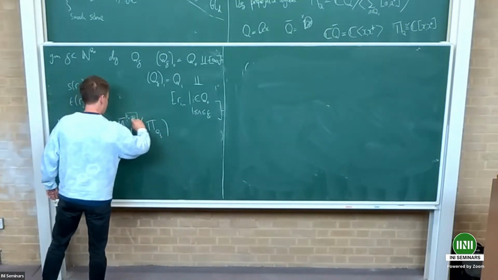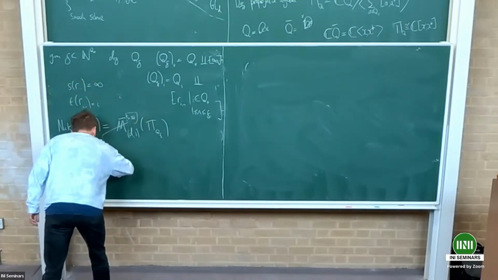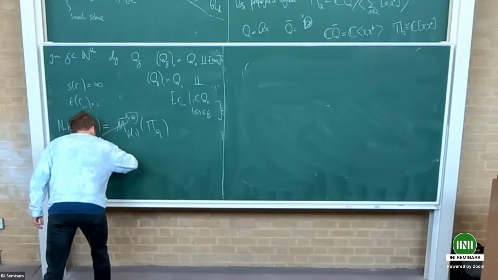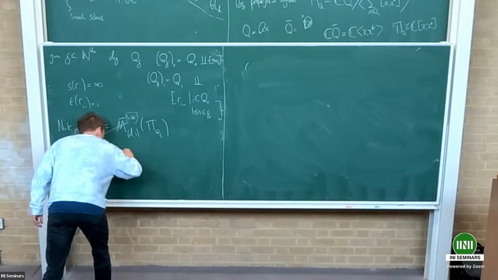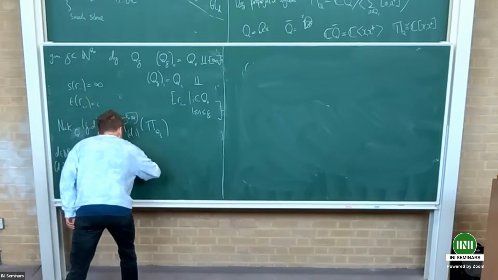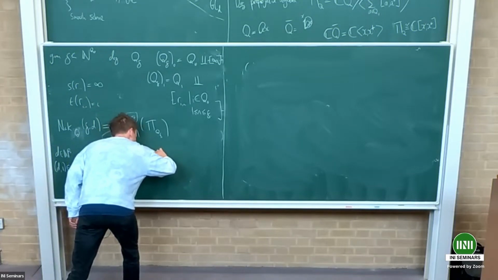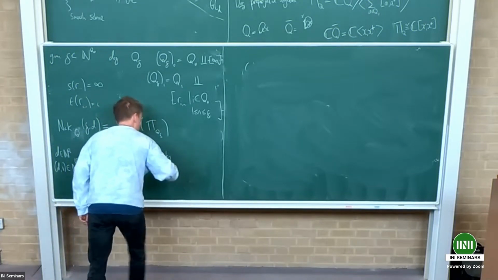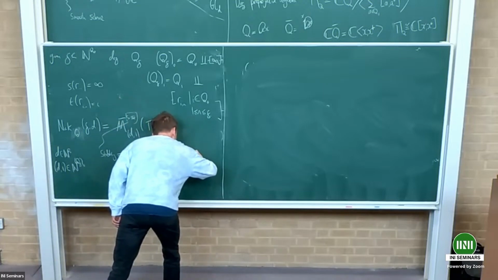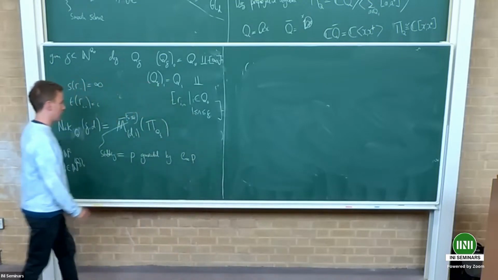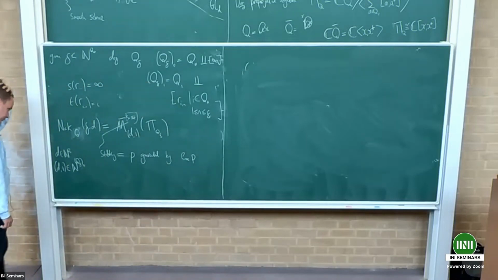So I'm just going to give you the stability condition in words. Stability equals that my module rho is generated by the one-dimensional vector space that rho assigns to the framing vertex.